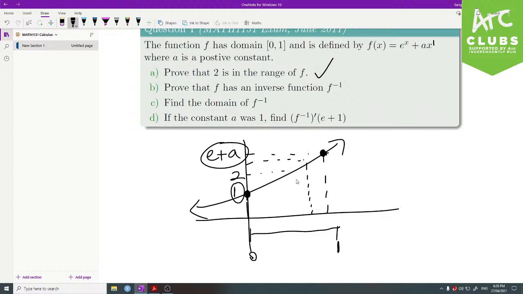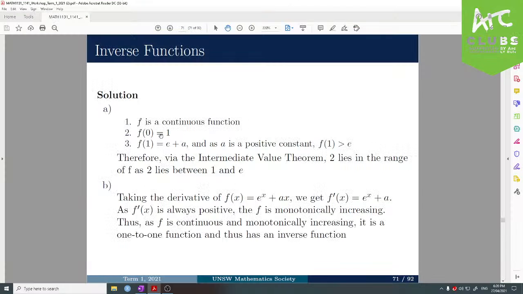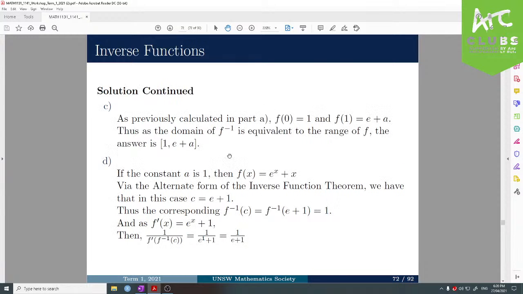Okay, so if we just look at what we did in part A, we had shown that f(0) was 1 and f(1) is e plus a. So this must be the range of the original function f over the interval 0 to 1. As previously calculated in part A, we have these two values as the function value of 0 and the function value of 1.